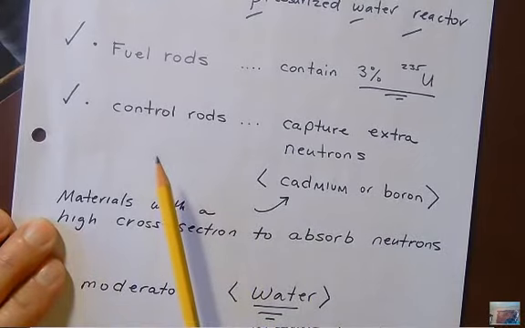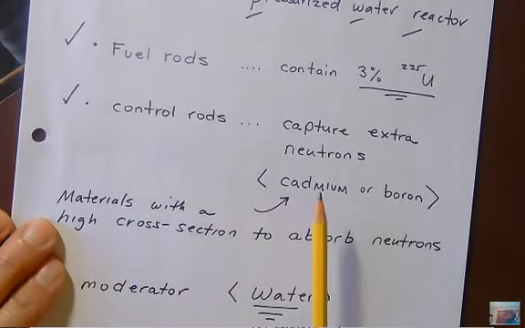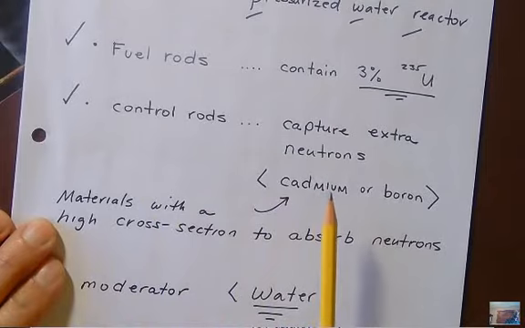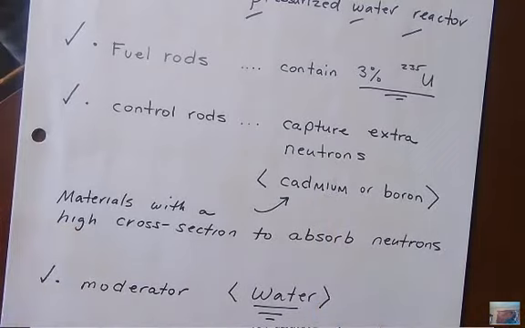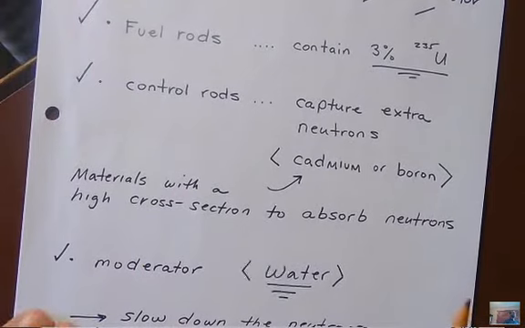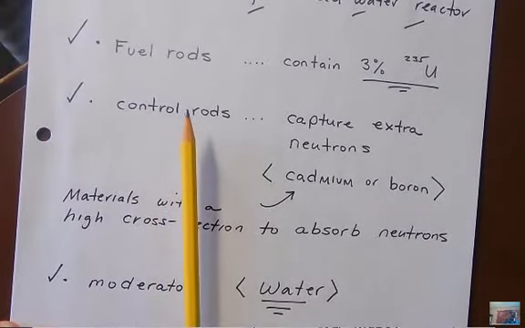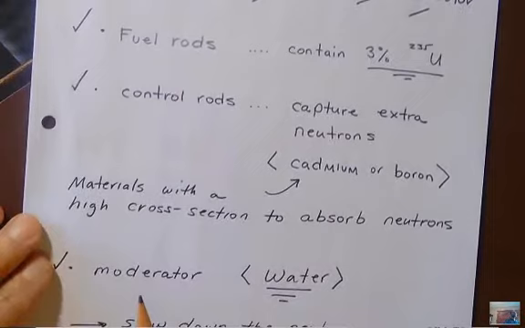So if a neutron goes through the control rod, it's 99% going to get captured by the control rod and then render it harmless. So you can shut the reactor off completely by pushing the control rods all the way in. Okay, last thing you need, so you got fuel rods, you got control rods, you need a moderator.